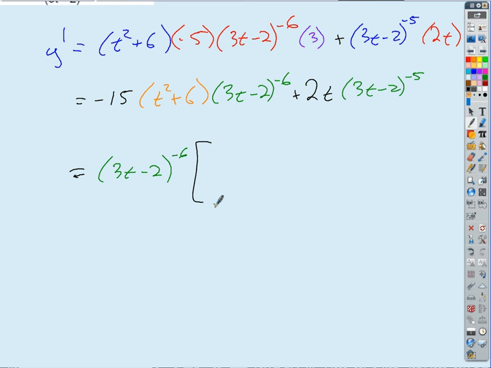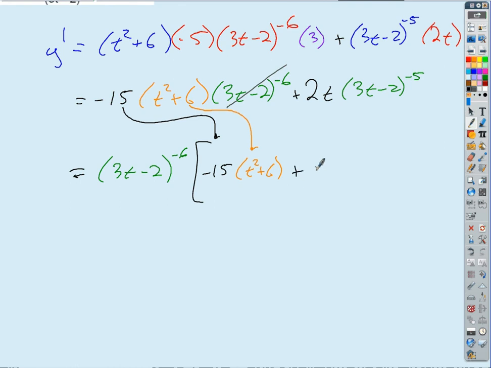Now, what's that going to leave me with from my first term? Negative 15. Okay, good, I've got my -15 times t squared plus 6, and that one completely factors away, right?